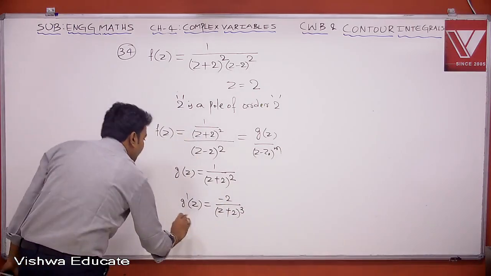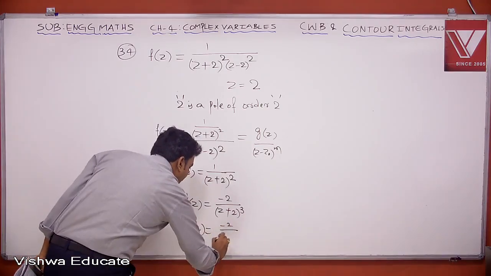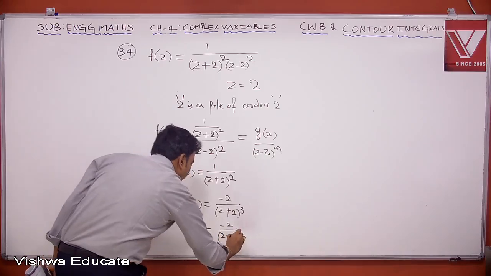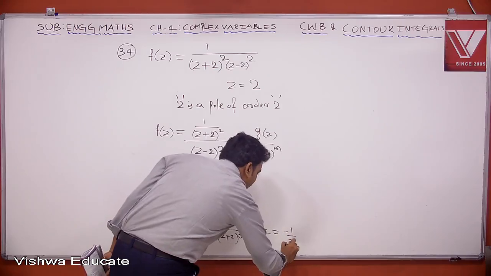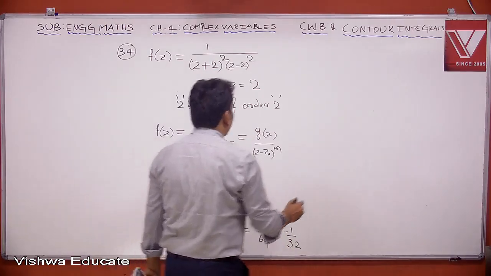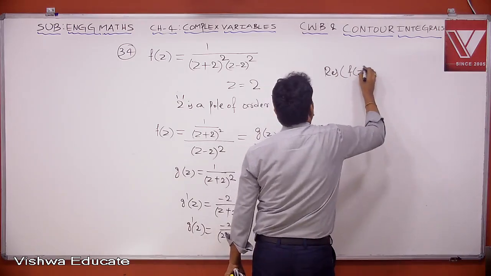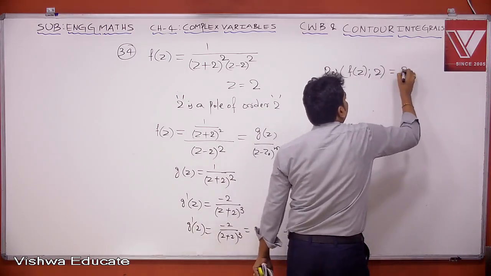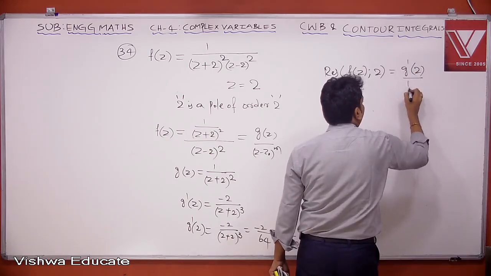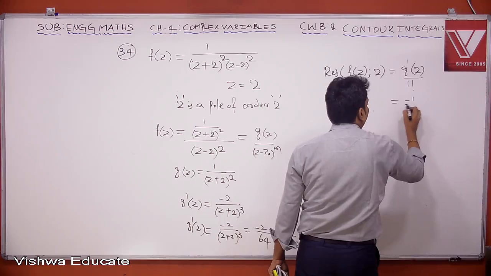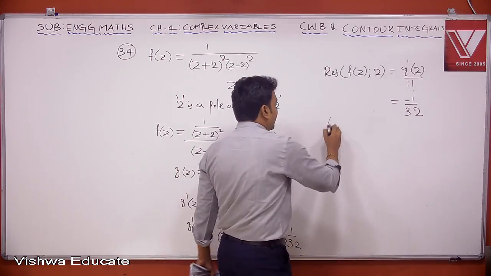So g dash of 2 is minus 2 by 2 plus 2 whole cube, minus 2 by 64, which is minus 1 by 32. Therefore the residue of f of z at the pole 2 is g dash of 2 divided by 1 factorial, which is minus 1 by 32. So option A is the right answer.